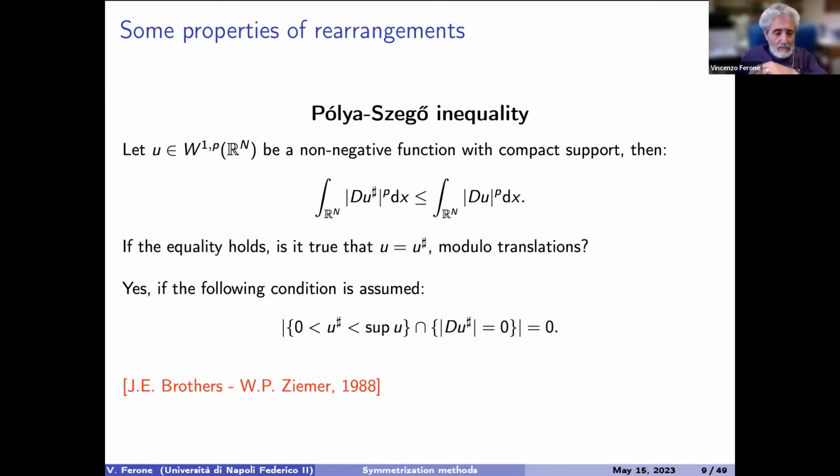Otherwise you can move the top of the function, destroying the symmetry of the function and leaving the equality here. This result can be found in Brothers and Ziemer, in the paper of 1988.